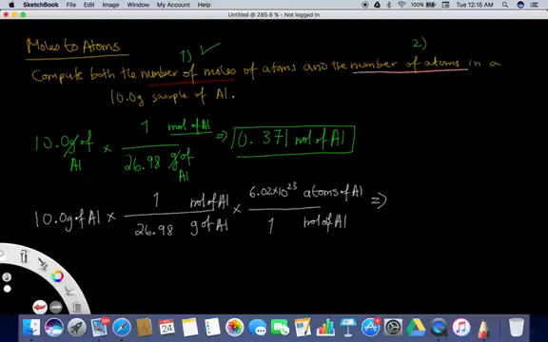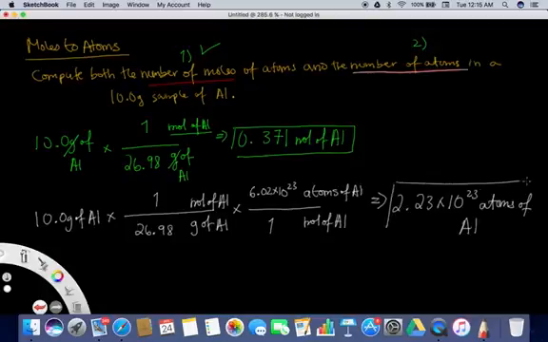So if we typed this into our calculator, we'd get 10 times 6.02 times 10 to the power of 23, divided by 26.98, and you should get 2.23 times 10 to the power of 23 atoms of aluminum.